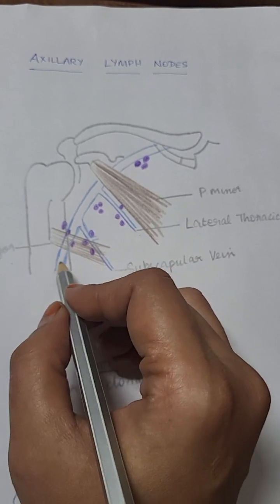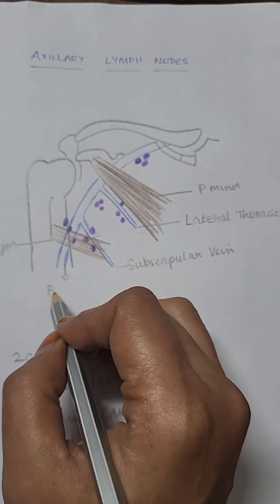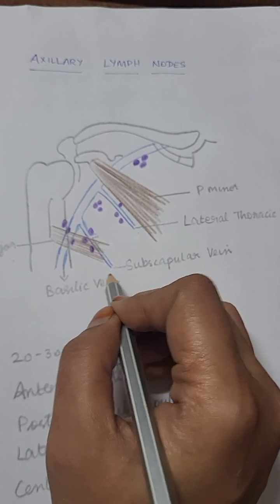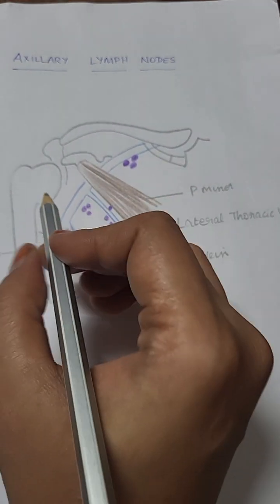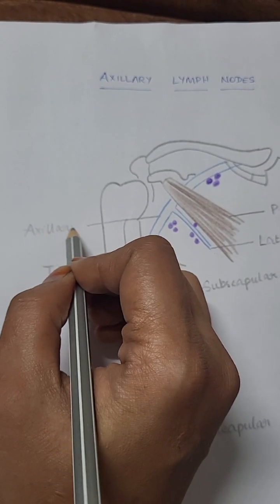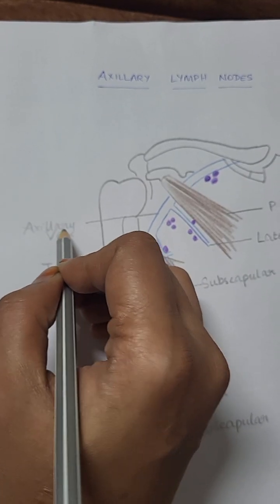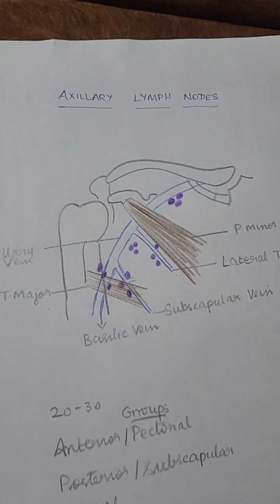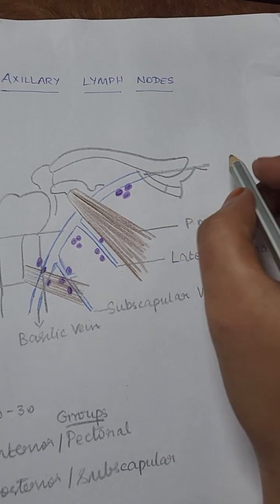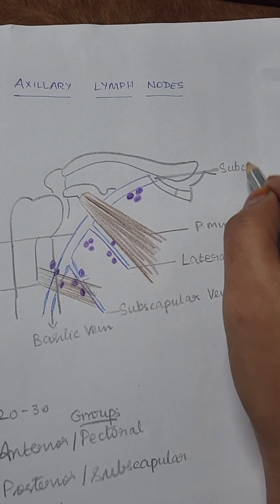And till the teres major, this one is the basilic vein. After that, it is named as axillary vein. All these things we have learned during the venous drainage of breast. And this part is the subclavian vein.